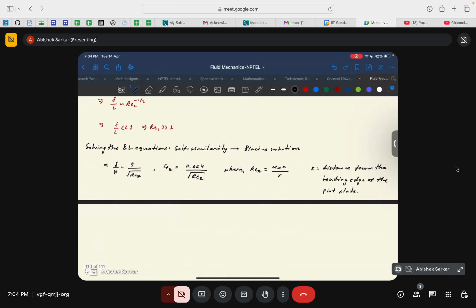And Cfx, the friction factor, the Fanning friction factor, scales as 0.664 divided by the square root of the local Reynolds number.